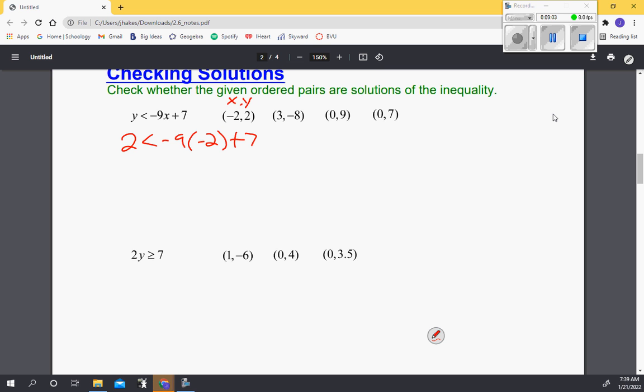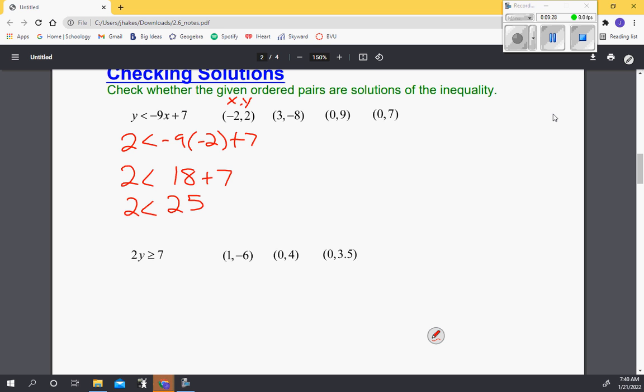Next, we're going to solve. So 2 is less than negative 9 times negative 2 is a positive 18 plus 7. Next, we just simplify. What's 18 plus 7? That's 26. No, 25.